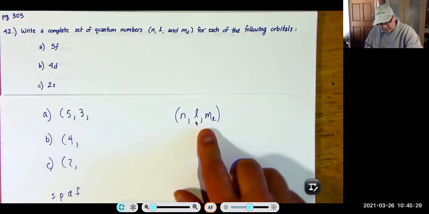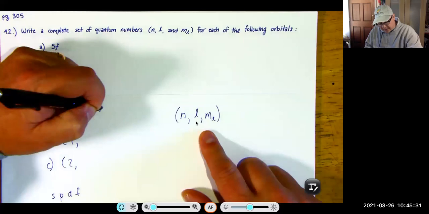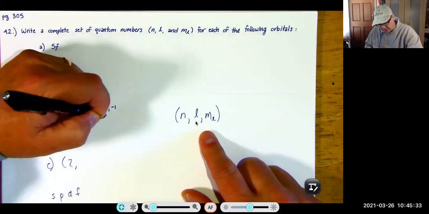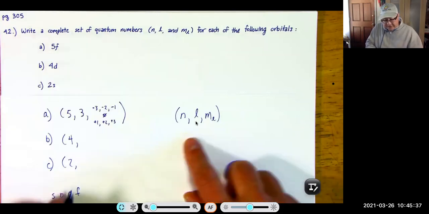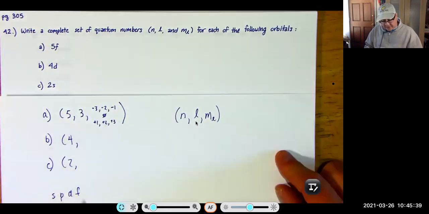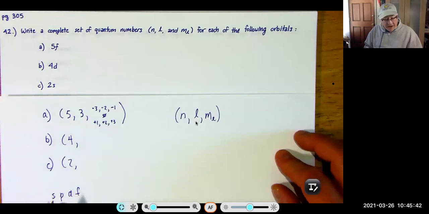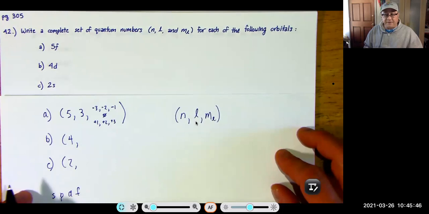You could do a -3, a -2, a -1, a 0, or a +1, or +2, or +3. So any of these is possible for M sub L. So if you wrote down 5, 3, -3, that's perfect. Any of those combinations, okay?